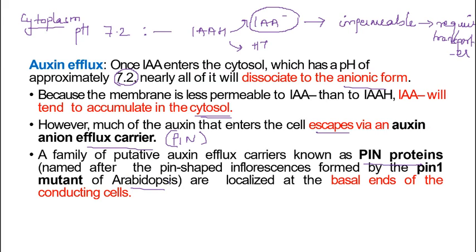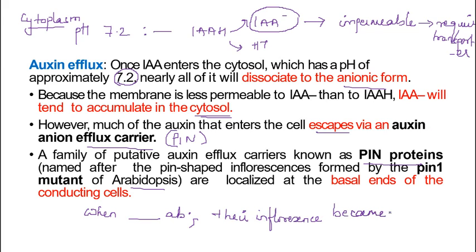There was a symptom in Arabidopsis: when a particular protein was absent, the inflorescence became pin shaped.